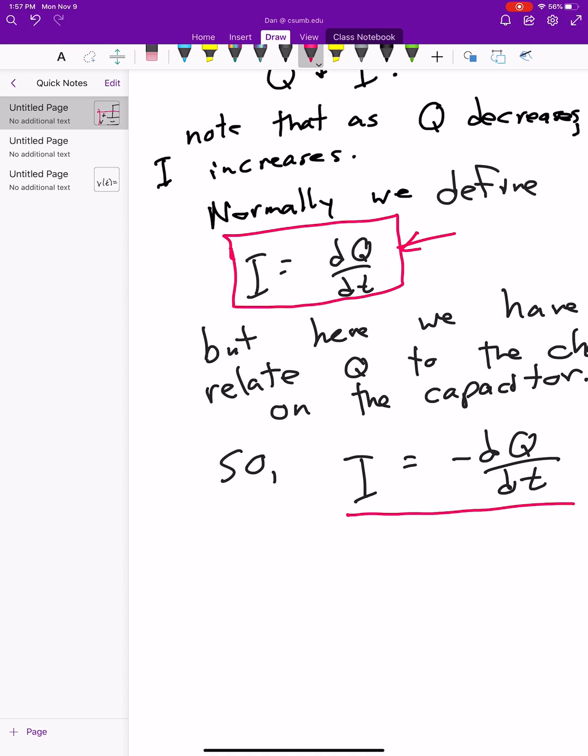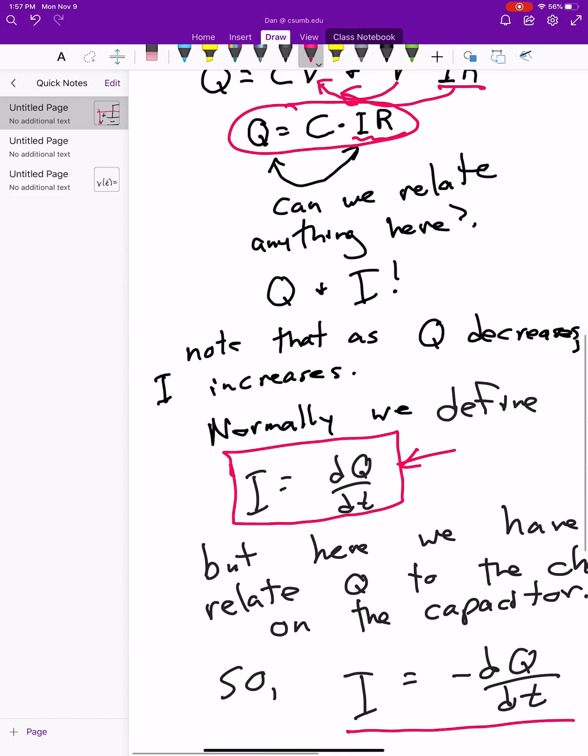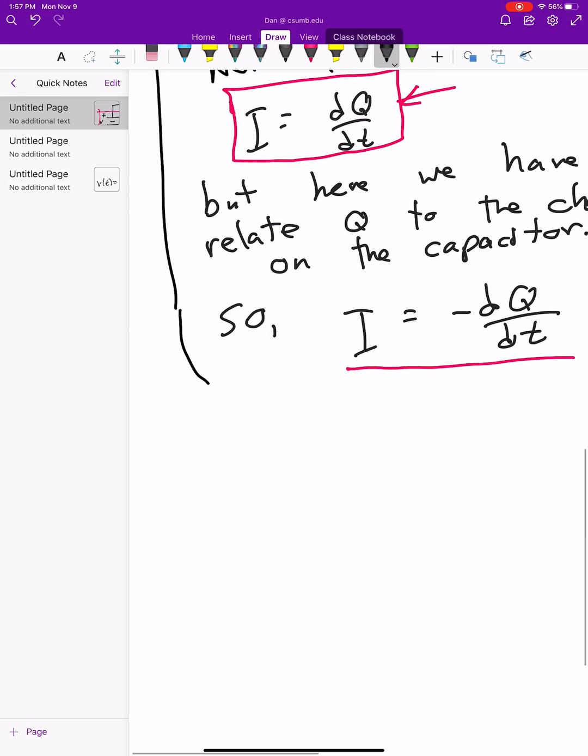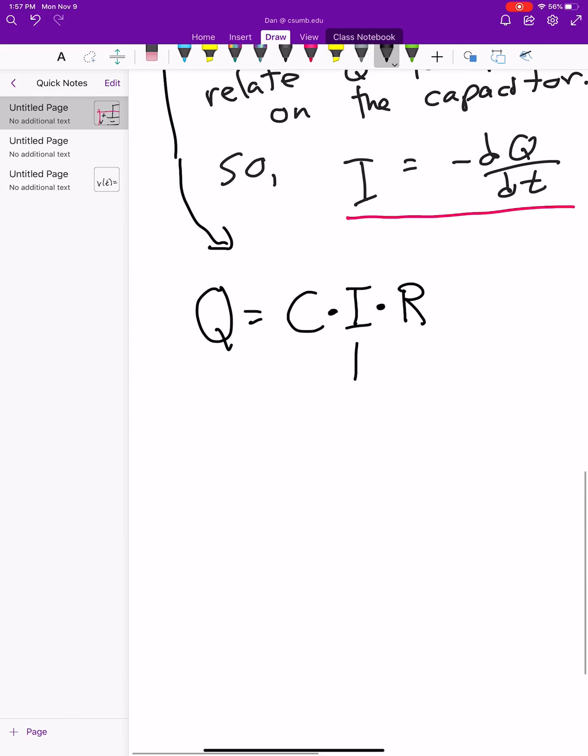All right, so now I'm going to take this equation and rewrite it down below. I'm going to write Q is equal to C times I times R, and I is negative dq dt.